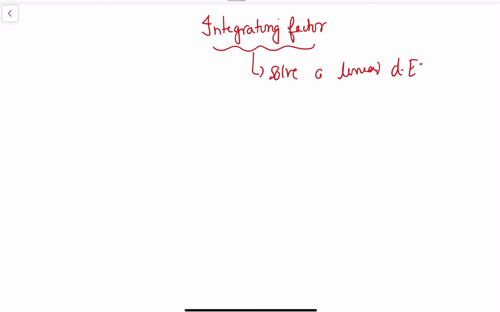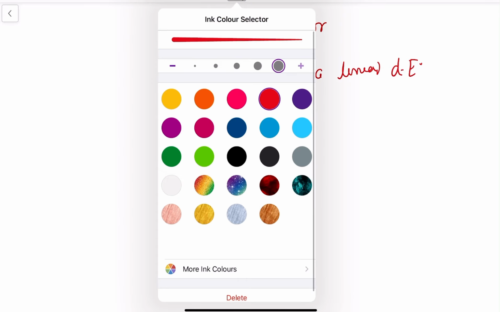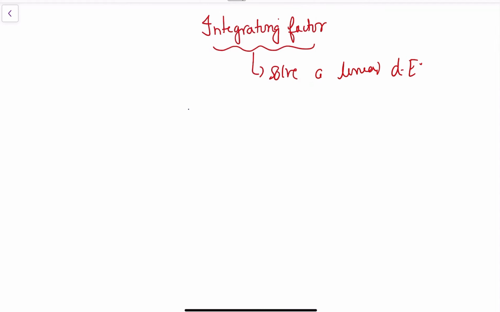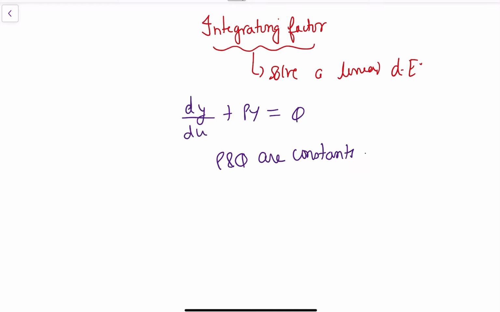Okay, so when I talk about linear differential equation, you must be knowing that linear differential equation is of the form dy by dx plus py is equal to q, where p and q are either constants or functions of x.